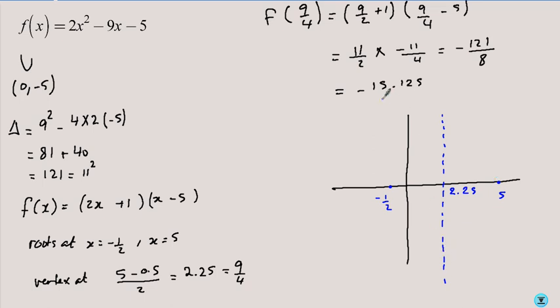The y-coordinate of the vertex is at negative 15. So let's indicate that. Negative 15.125. And the y-intercept is at 0, negative 5, so it's somewhere here. And if we sketch, that's our parabola.